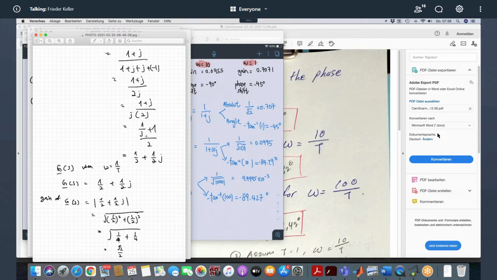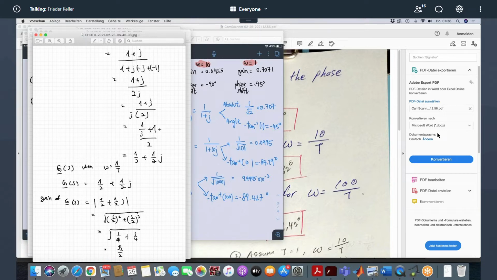I guess from here to there must have happened some small disaster. When I have a good interpretation of that, that means 1 divided by j plus 1, yes?